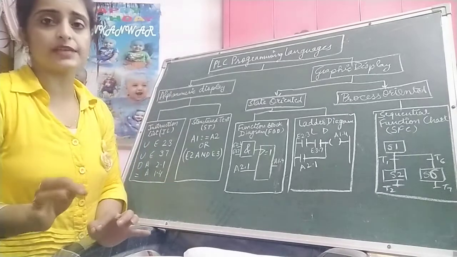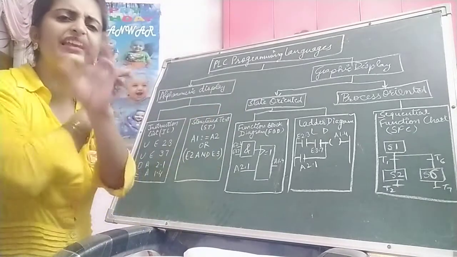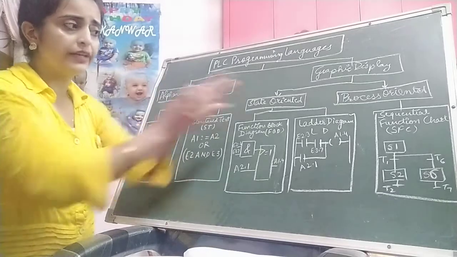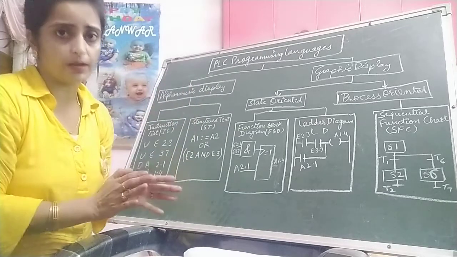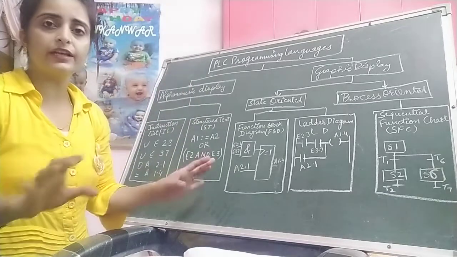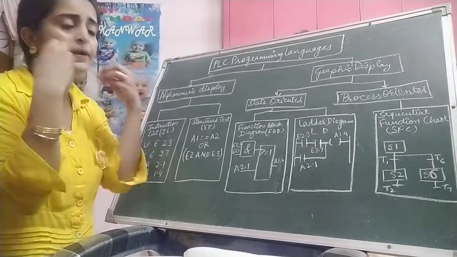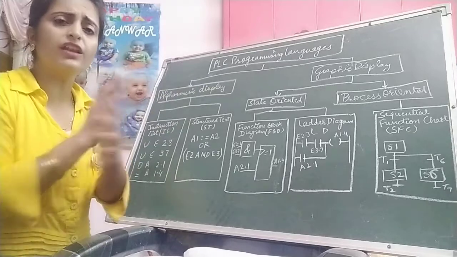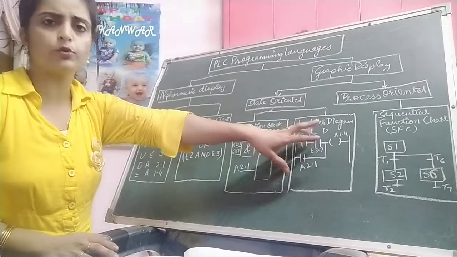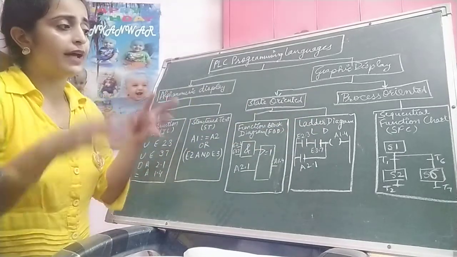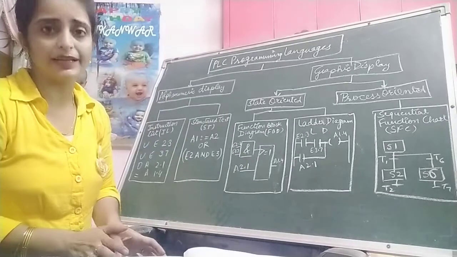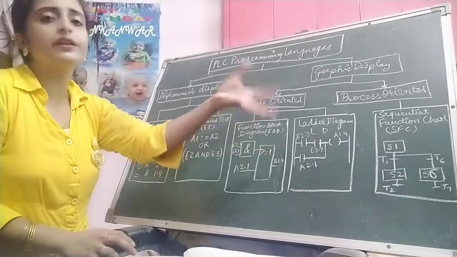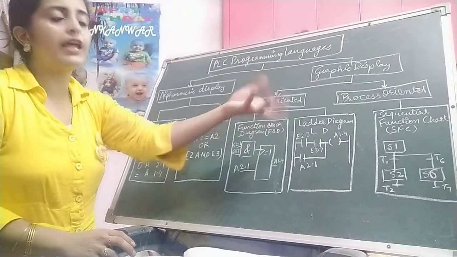control systems, and there is no need of any kind of training for learning ladder diagram programming. We do not need any kind of trained programmers. A basic programmer or a basic student, you all can do this ladder diagram programming so easily that it is the main programming method. It is just the twin, we can say, of the relay logic diagram.